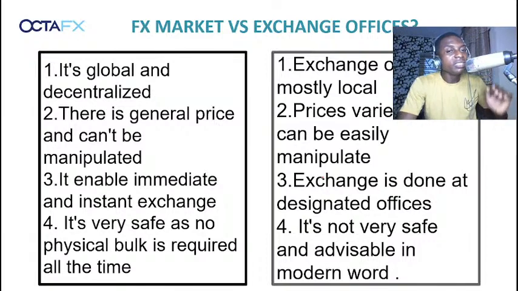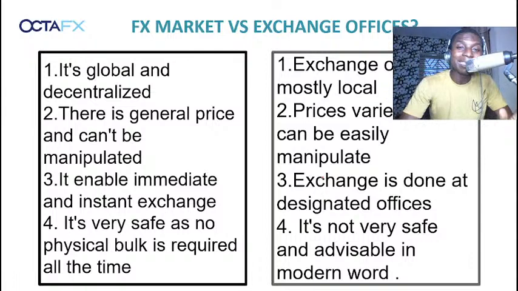The prices in the forex market are influenced by demand and supply. Number three, it enables immediate and instant exchange. So when you place a buy on the forex market, it instantly executes. And four, it is very safe, as no physical bulk is required all the time.